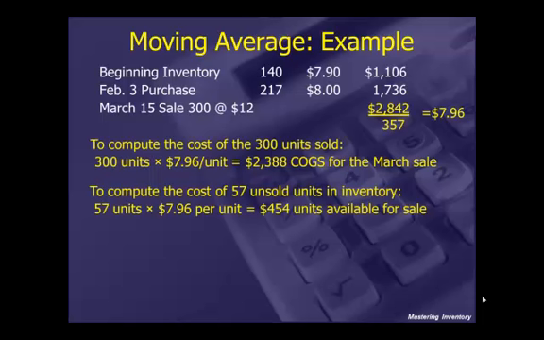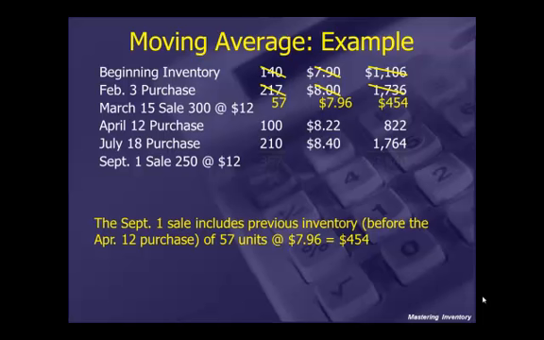We take it times $7.96, and there's $454 for the units that are available for sale. We're going to have to be careful here because it is possible with rounding that we may have some slight differences.